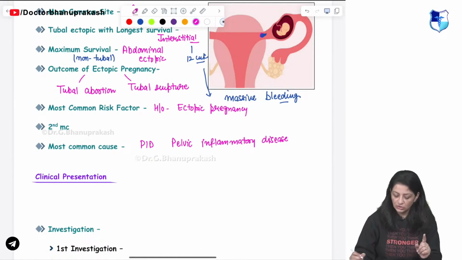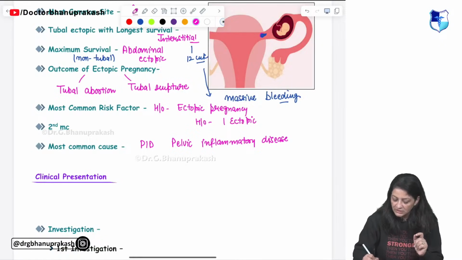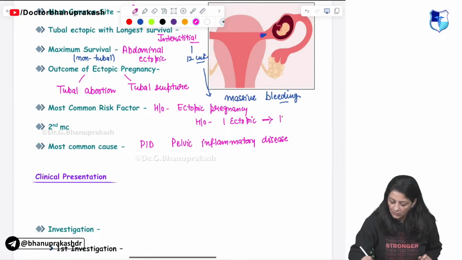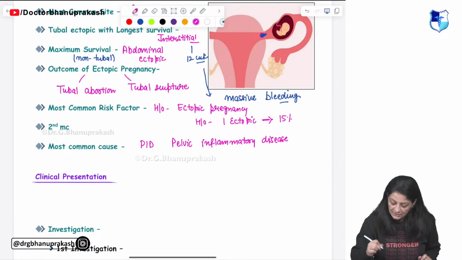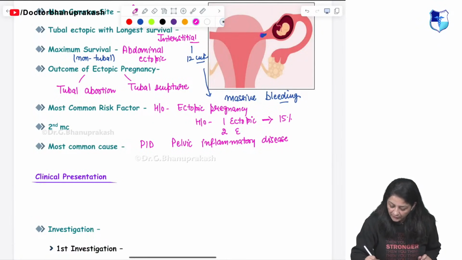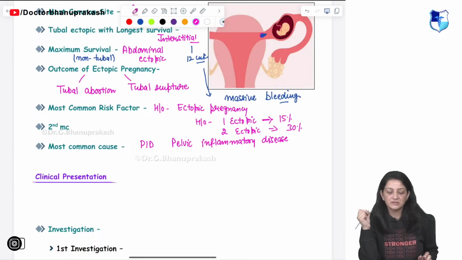If there is a history of one ectopic pregnancy, then the chances will be high, up to 15% in the next pregnancy. If there is a history of 2 ectopic pregnancies, then in the next pregnancy chances are about 30%.